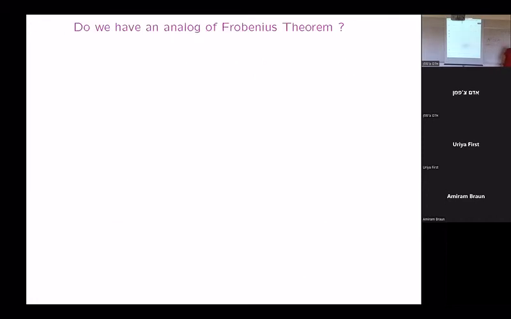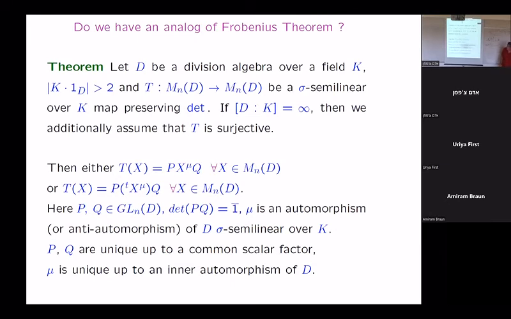And the natural question will be what happens with the Frobenius result. So this is an answer. For a division algebra over a certain commutative field K, which is sufficiently big, consider any semi-linear map over K which preserves the determinant. Well, in the finite dimensional case, that's all.